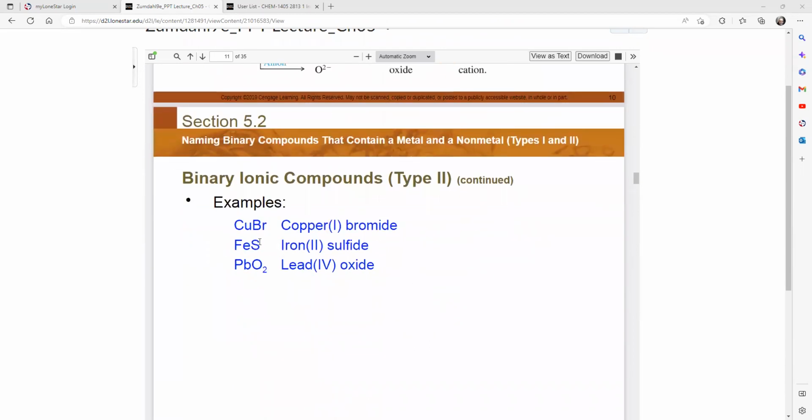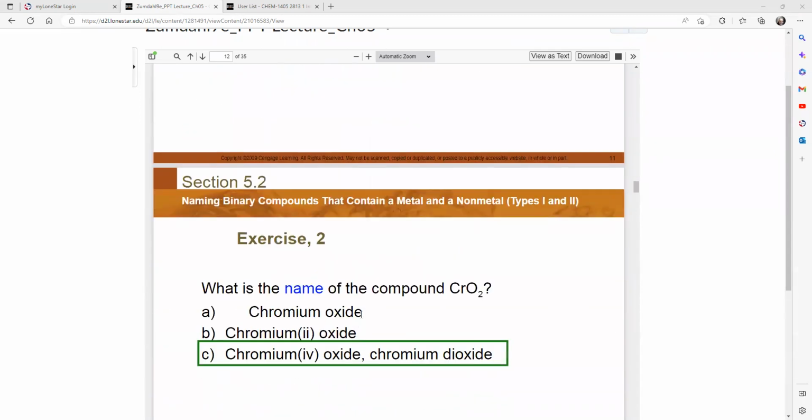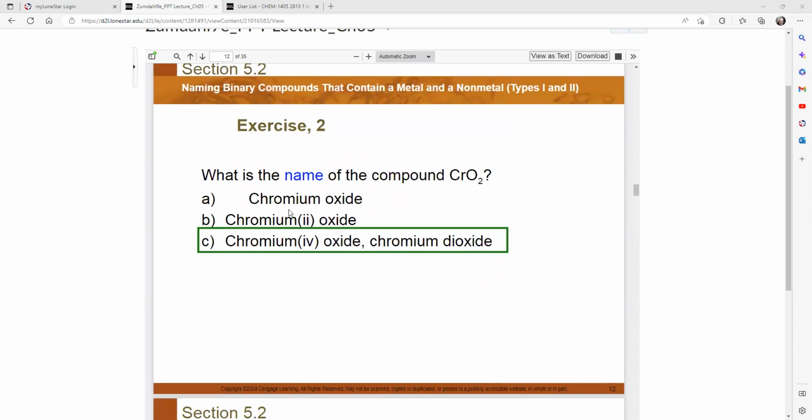Here we have some examples: copper(I) bromide, iron(II) sulfide, and lead(IV) oxide. For example, what is the name of the compound that is represented by this formula?